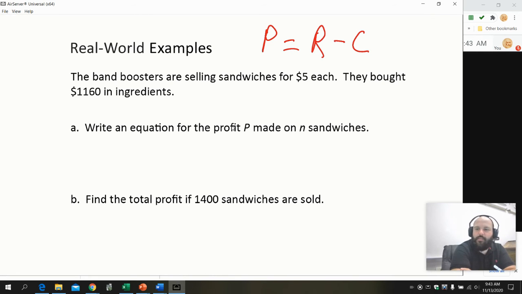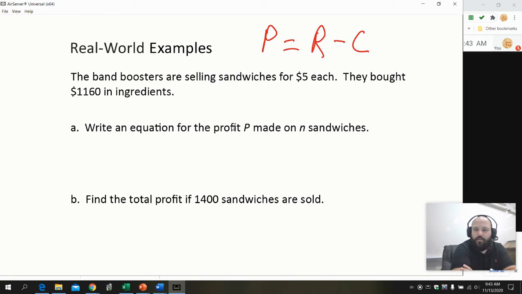Okay, so let's talk about what each of those is. Revenue is all the money coming in, right? So if somebody buys a sandwich, they hand you money. Cost, this C right here, is how much all of the materials cost you to buy.